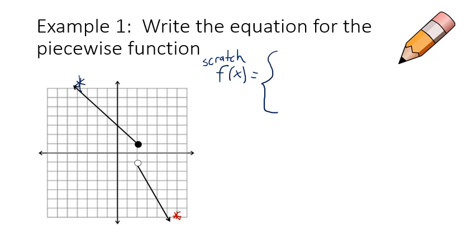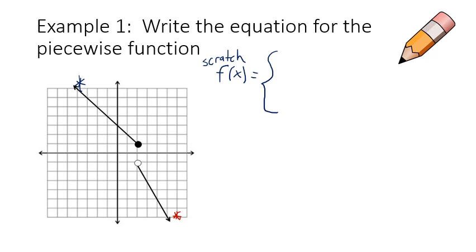So looking at the blue piece, I have my f of x equals, okay, I'm going to choose some point on the graph to find the slope between the points and to fill in my linear translated form.